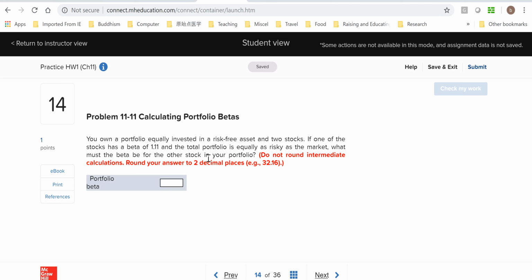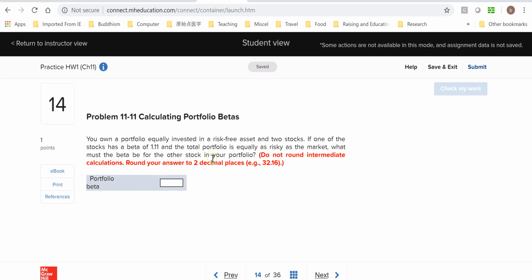So to solve this question, we first need to know that the portfolio beta is a weighted average of the betas of the individual stocks within that portfolio. The weight is the proportion of the wealth invested in that stock.